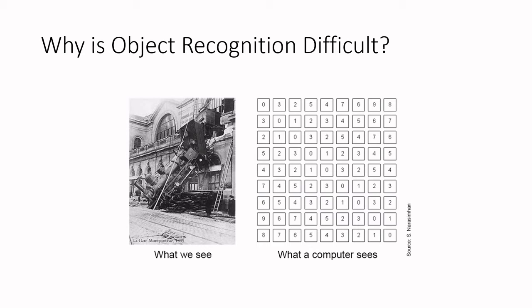So to perform object recognition, we have to infer from these numbers what kind of objects are present in that image, or how the variations in these numbers represent a given object or different objects that we are trying to figure out. So that's really the object recognition problem.